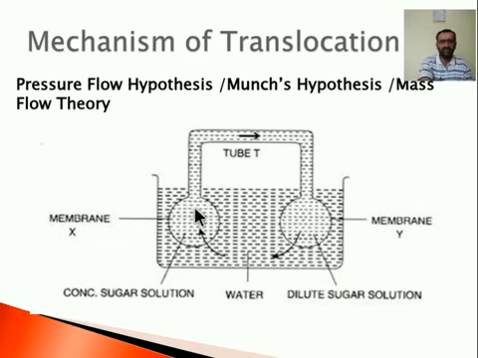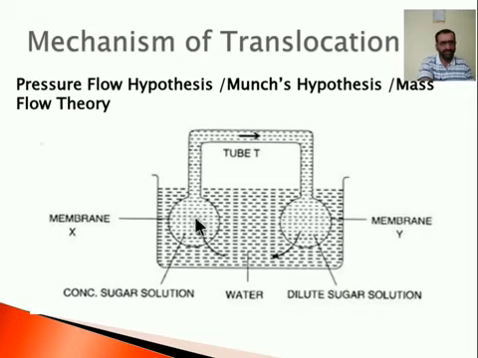Through this connection some of the solution is forced into the sieve tube. When turgor pressure increases, some liquid is forced into the sieve tube, and the loss of solute from the mesophyll is compensated by newly formed photosynthate and movement of water from the xylem. And when the concentration goes down, again more food material can accumulate here, and again more turgor pressure can be generated in this part.